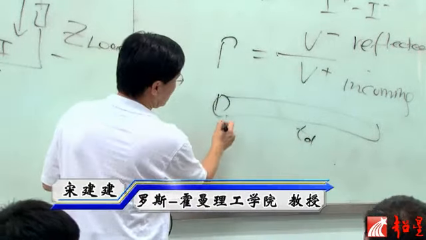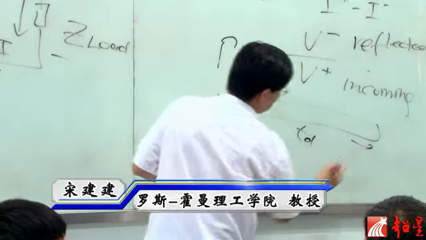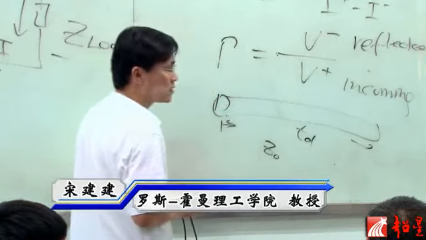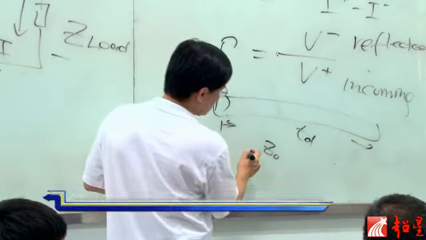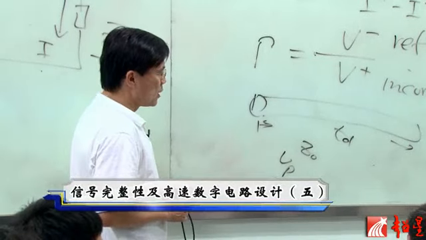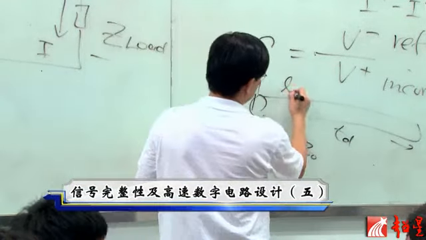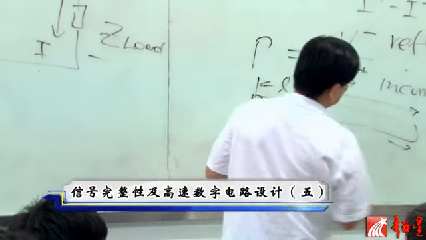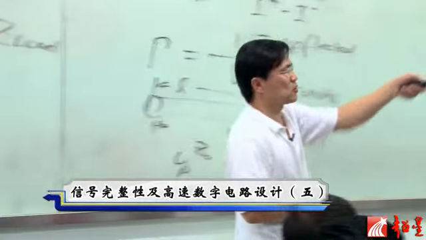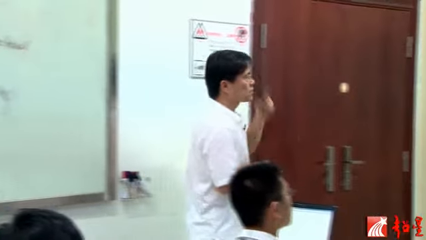If I know the propagation time of this line, and the characteristic impedance, and I also know the speed of the line, then I can find the length of the line. So instead of using the length, sometimes it's more convenient to use propagation delay. So in this case we use propagation delay. That's the first thing.